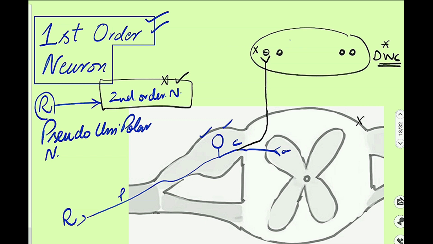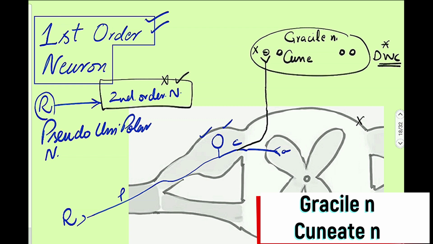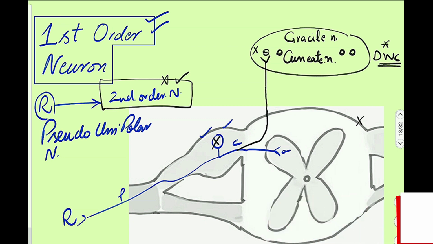This second order neuron in the medulla is named the Gracile nucleus and the Cuneate nucleus. I will explain shortly when I talk about the second order neuron. But here note down, first order neuron of all the ascending tracts is present in the dorsal root ganglia, and the central process will find the second order neuron in the spinal cord dorsal horn gray matter.